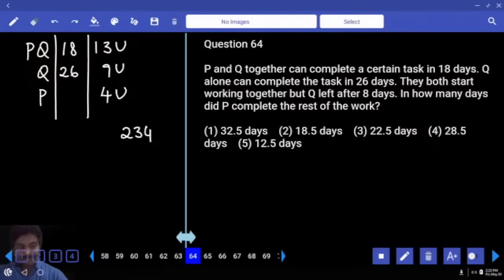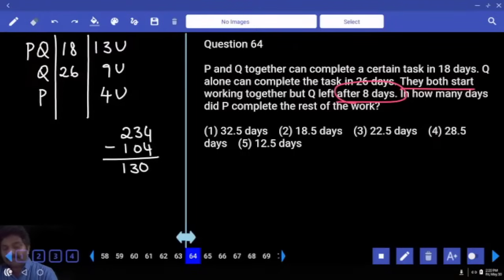Who started the work? Both started work. Both will do how many units of work? Per day 13 units. Like that, they worked for 8 days, 8 into 13, 104 units already done. Remaining 130. Who should complete this now?